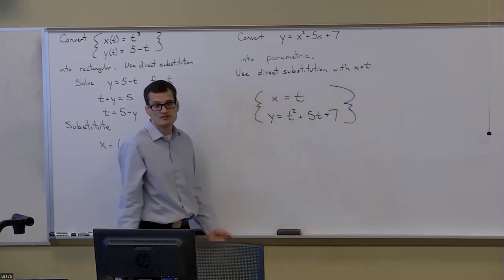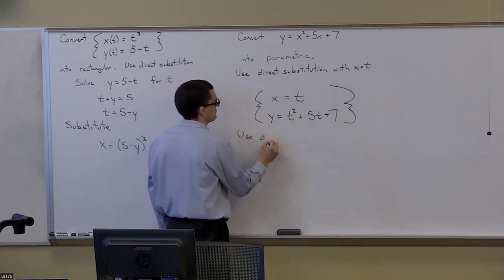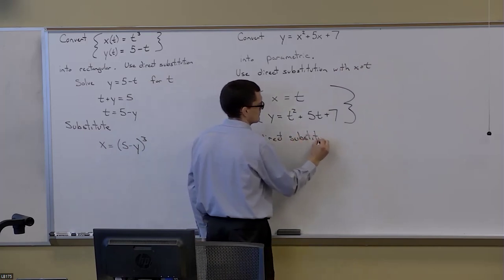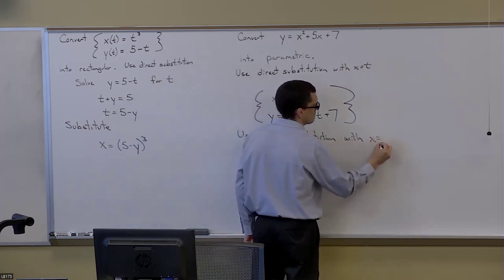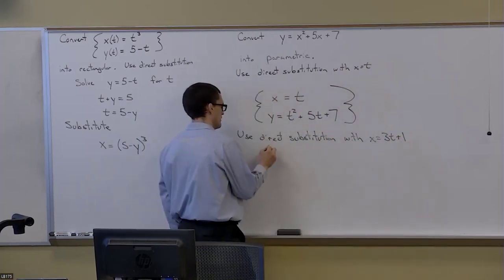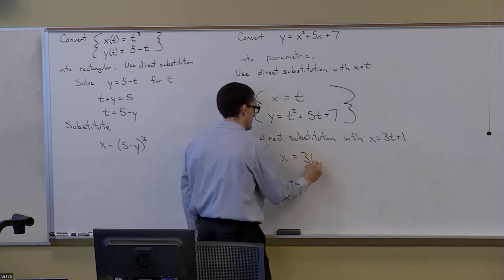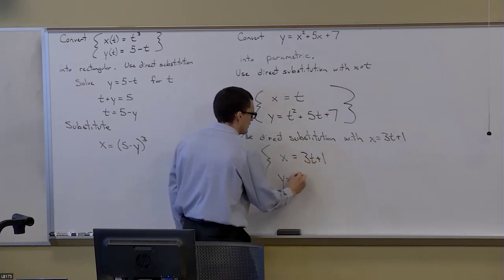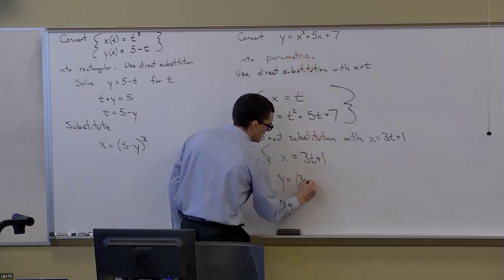So that's with x equals t. We could have also used direct substitution with x equals, let's just say, 3t plus 1. And then y would have, everywhere you see an x, we replace it with 3t plus 1.